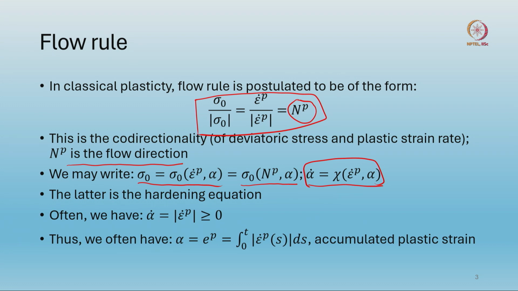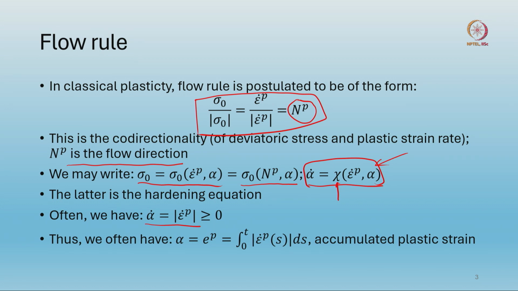This is exactly what this hardening equation does, but there is a simpler form of it. I have not yet told you exactly what the form of chi will be, but the simplest form is that alpha dot is nothing but the norm, or the magnitude, of epsilon p dot, the plastic strain rate, which has to be greater than or equal to 0.